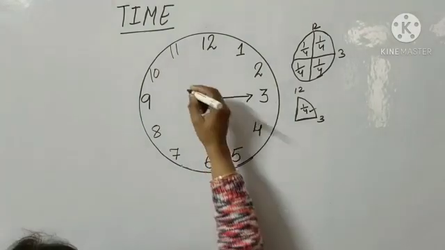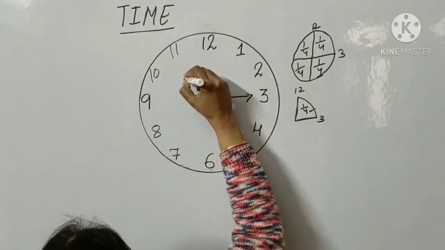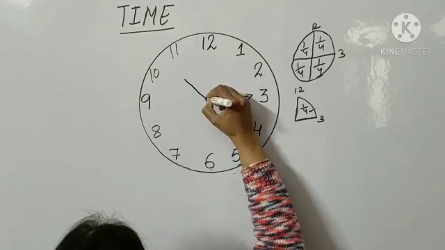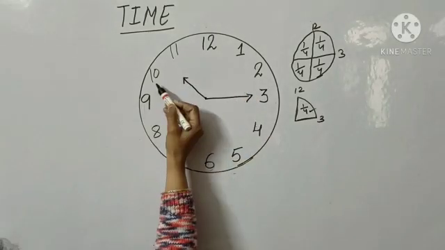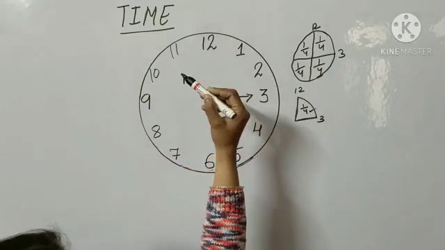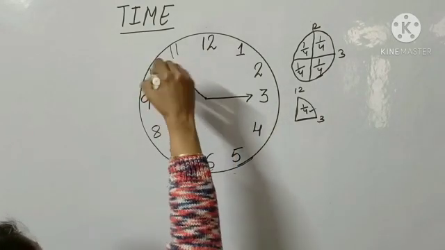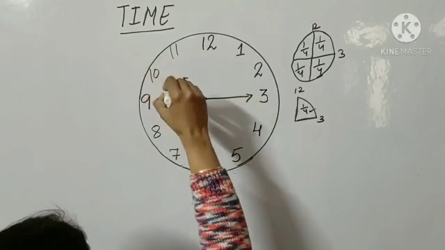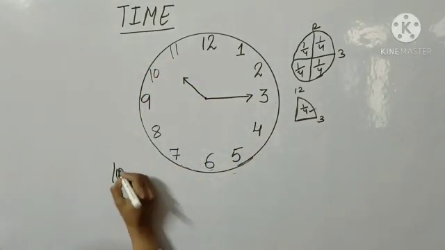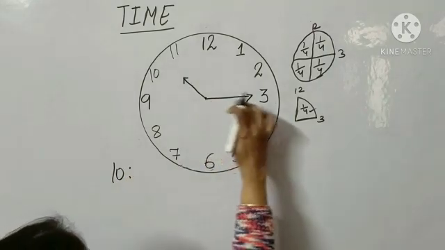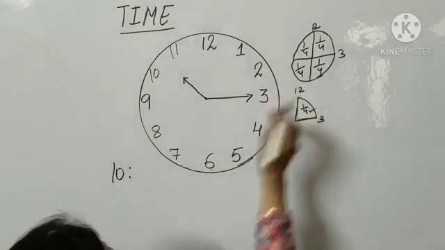Suppose this time the hour hand is here. It is neither at 10 nor at 11, somewhere after 10. So I will be considering it at 10 only. So time will be 10, and of course the minute hand is at 3, so 3 fives are 15.